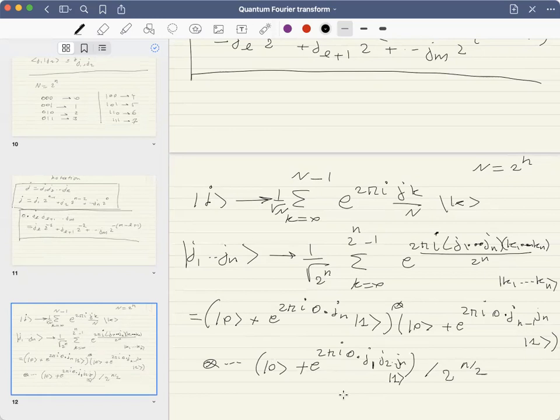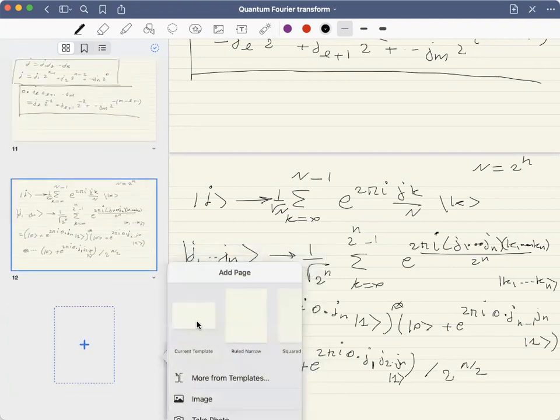So that's the claim. I haven't proved it yet, so let's do an example here to verify this before a formal proof.